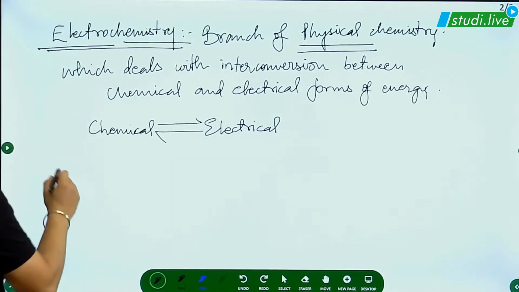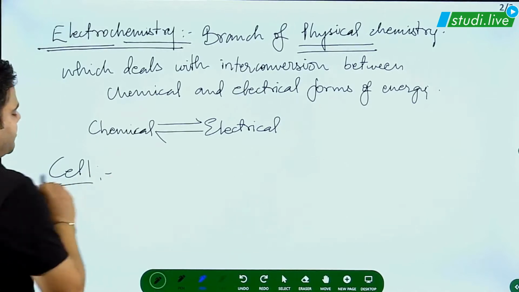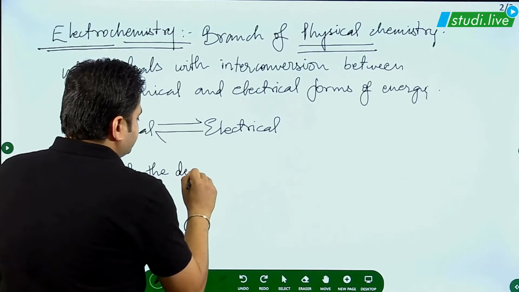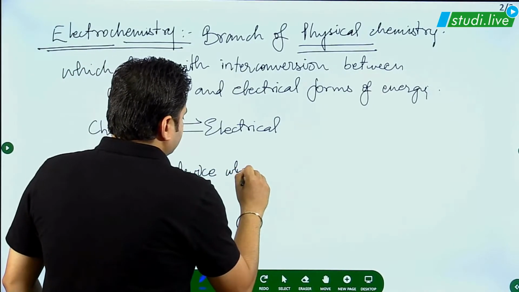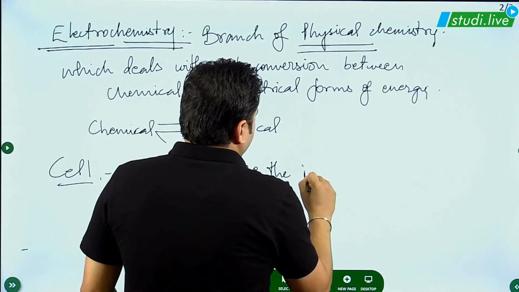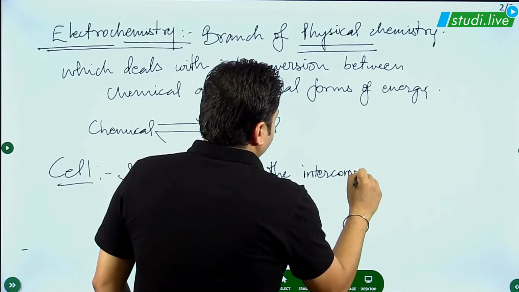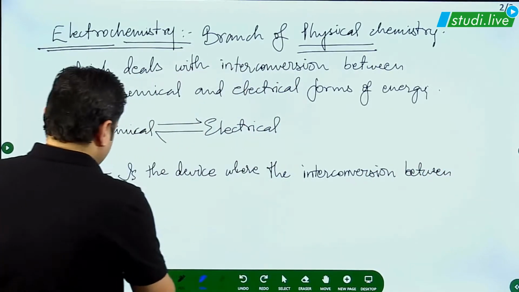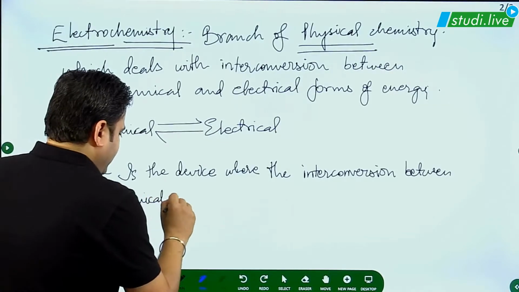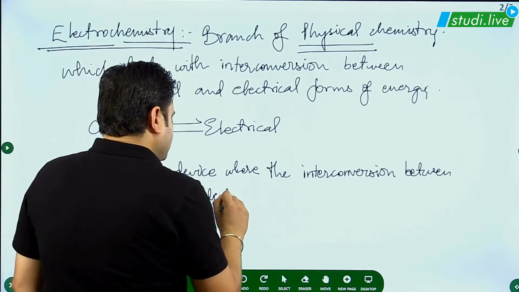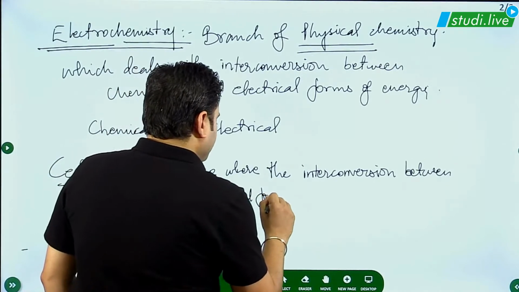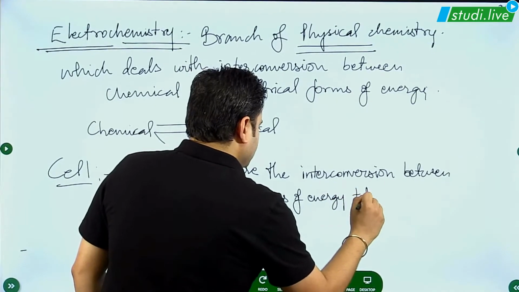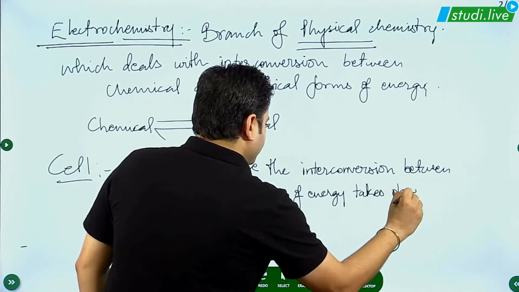We notice these changes taking place in a device called a cell. So cell is the device where the interconversion between chemical and electrical forms of energy takes place.